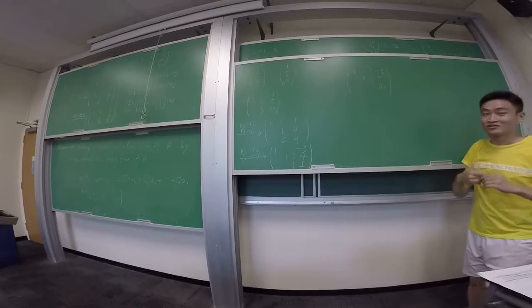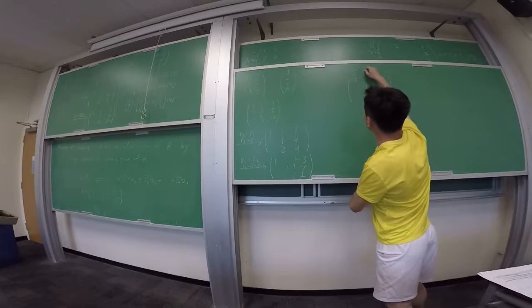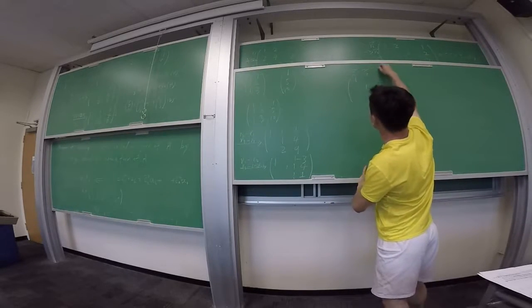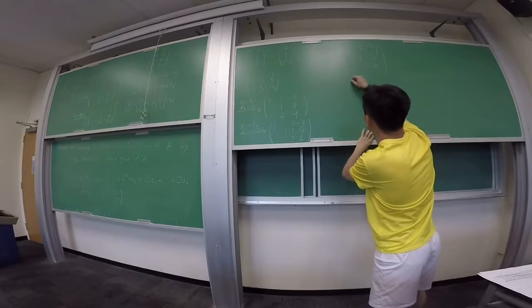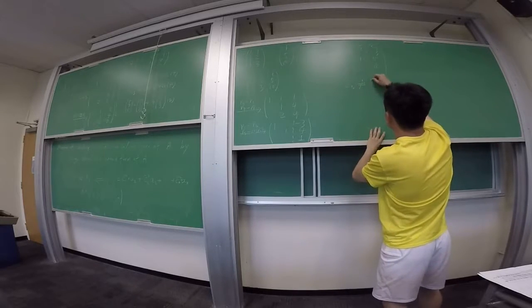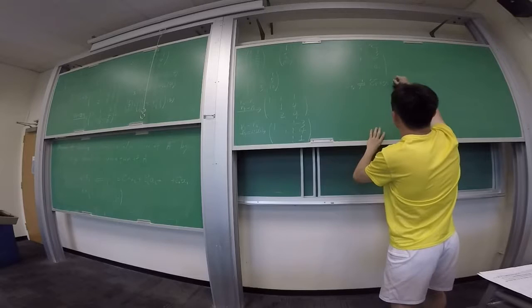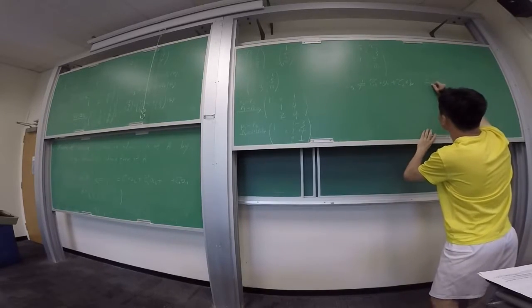Let's denote them as C1 tilde, C2 tilde, and C3 tilde. What I mean is that C3 tilde is not equal to C1 tilde times A plus C2 tilde times B for any A and B.